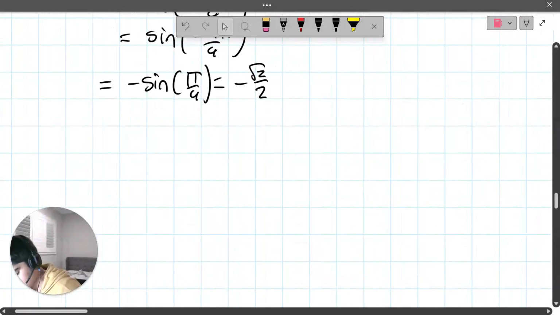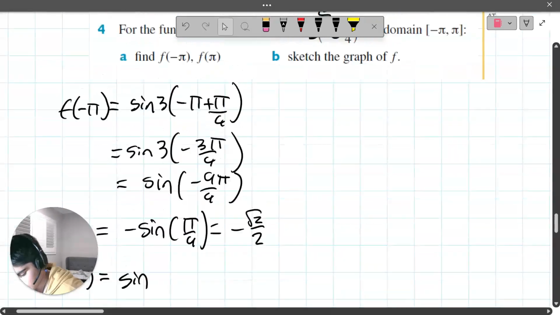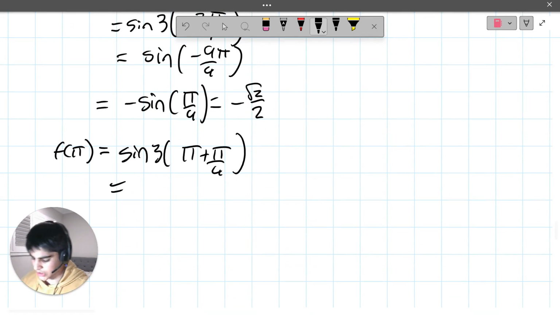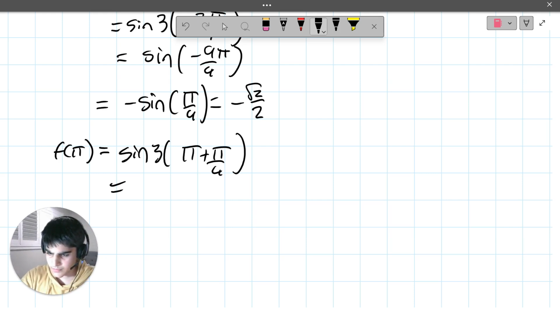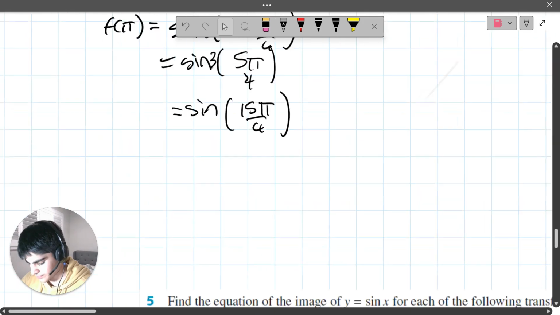F of pi equals sine of 3 pi plus pi on 4, which equals sine 13 pi on 4.